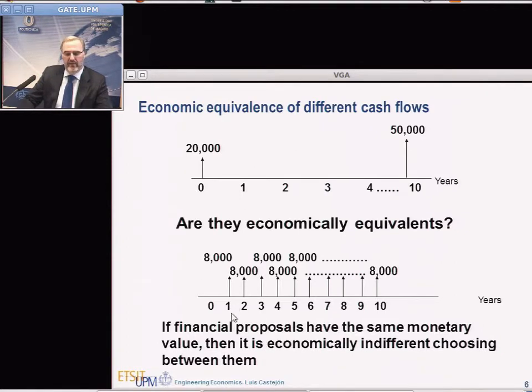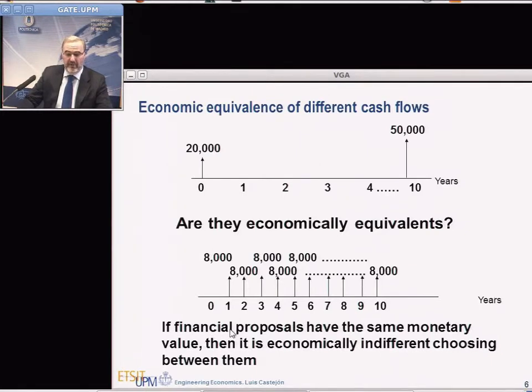So from n equals 1 to n equals 10, you have 10 equal payments of 8,000. Have you got any rule to decide if you prefer option 1 or option 2?